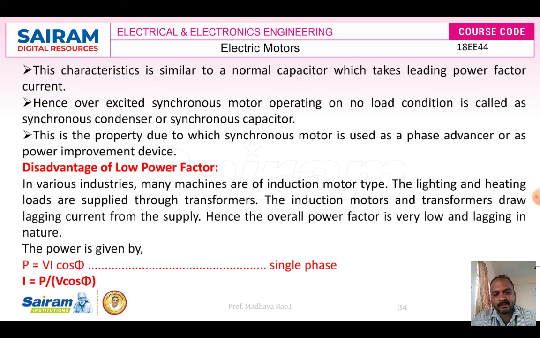Here we can see the power formula VI cos phi, where the power factor is denoted by cos phi. As the power factor angle phi increases, the power factor will decrease, and then the power will decrease. So these are the disadvantages of low power factor: mainly the true power will decrease and wastage power will increase.